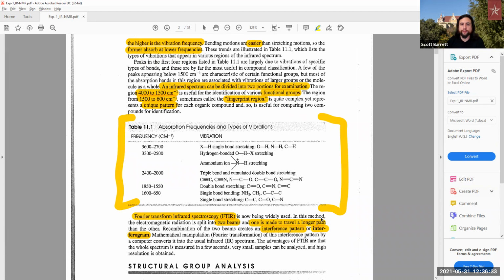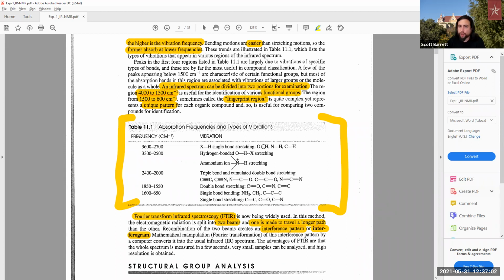So here are some very important frequencies that should be noted, and you will want to memorize the very important things in very specific locations. Some of them will be very general and stay near each other, but there are some specific ones you really will want to memorize. So for instance, here in the 3600 to 2700 range, you'll notice a halogen bound to a hydrogen will perform a single bond stretching.